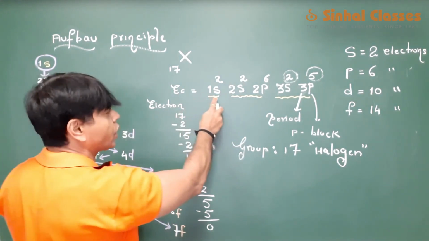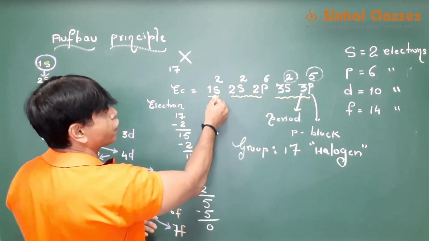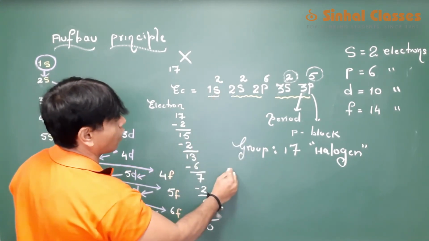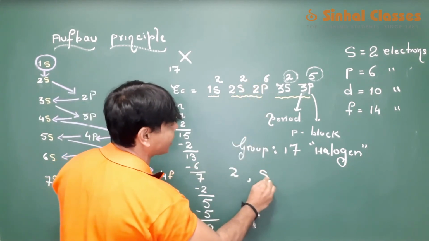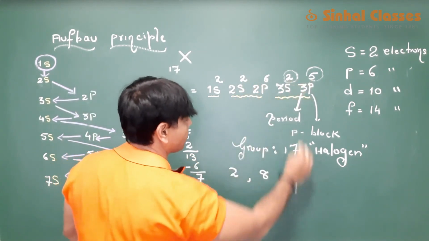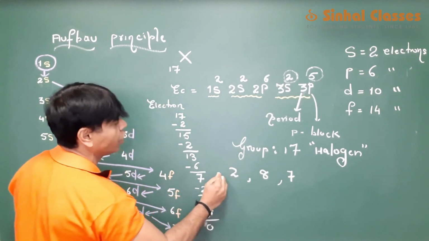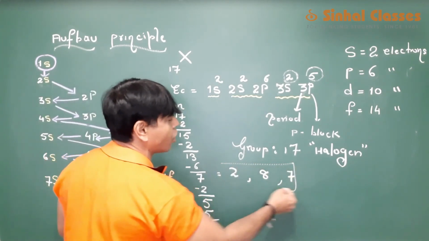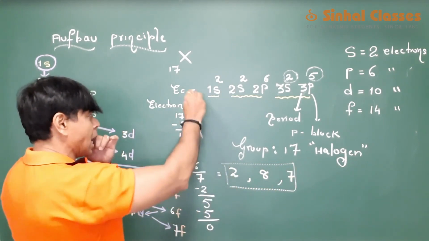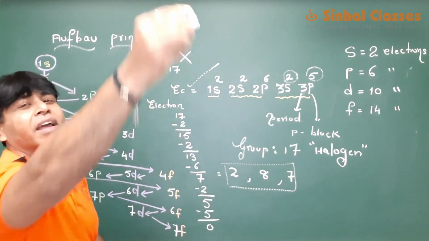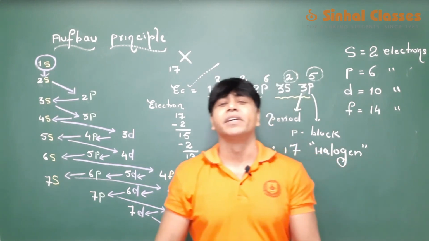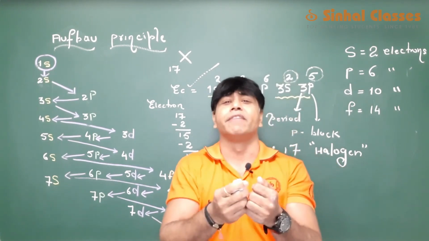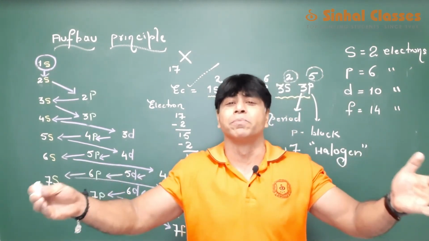And what you wrote in your lower standard was first orbit 2 electrons, second 6 plus 2 is 8, and the last 5 plus 2 is 7. This is how you used to write in your lower standard. But now onwards you will write it in this manner and know the position of any given element in the periodic table. That will solve a lot of your problems.